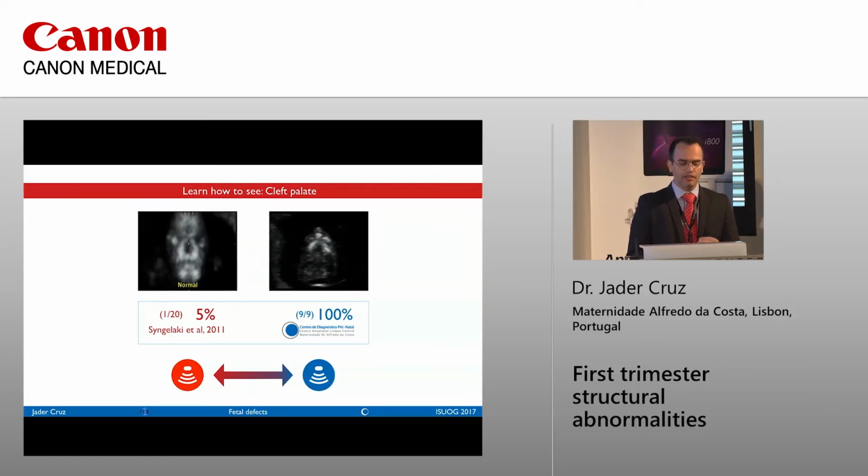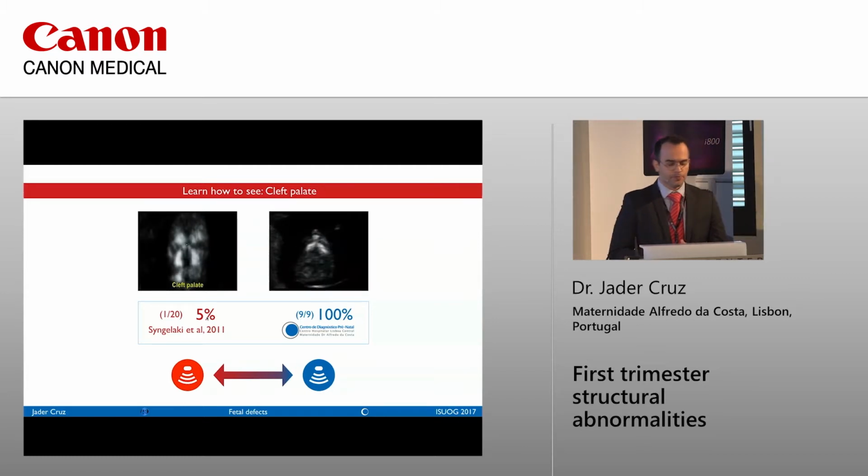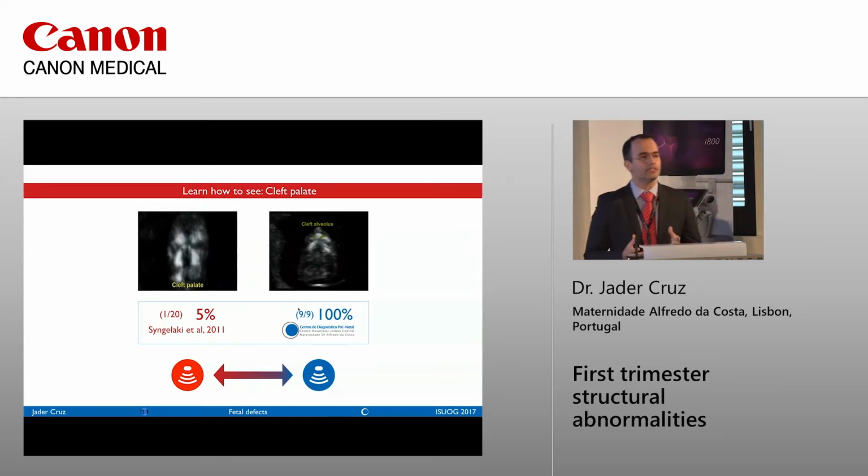Another example, this is just to show you the impact of learning how to see. And this is not published data. This is just a comparison between what we have seen in the unit where I work and what is published. In the original paper from 2011, they detected about 5% of the facial clefts, of the cleft palate. And in my unit, when I looked at the last years, the cleft palates that we had, we detected all of them. But what was the difference?